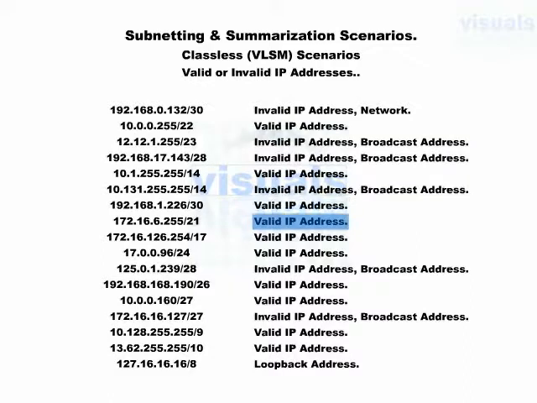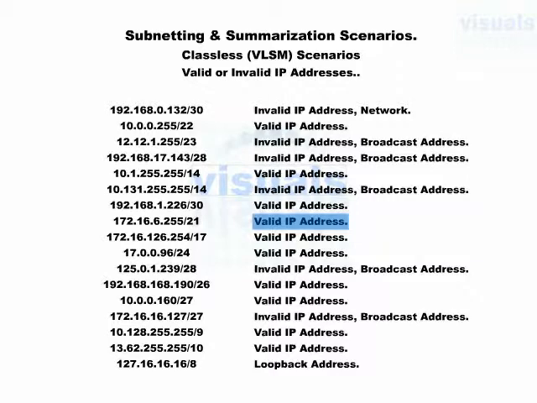Let's move further. Here it is a valid IP address. How is it valid, let's analyze. /21 is telling me that this belongs to class B, and from 17 bits gives 128, 18 gives 192, 19 gives 224, 20 gives 240, and 21 gives 248, and 248 gives the block size of 8.